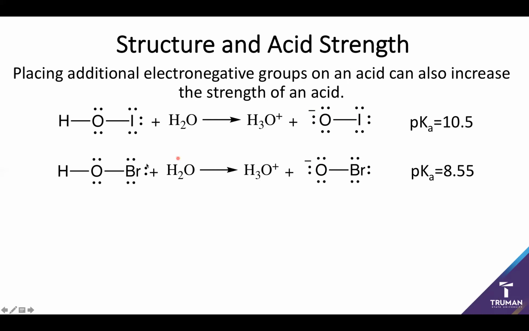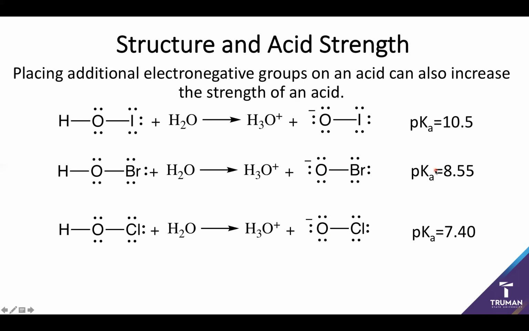However, if we go to bromine, bromine is actually more electronegative than iodine. So it can go ahead and bear a greater load, help stabilize that oxygen when it's left alone. So we drop that pKa by about another 2 units. So a lot more acidic.